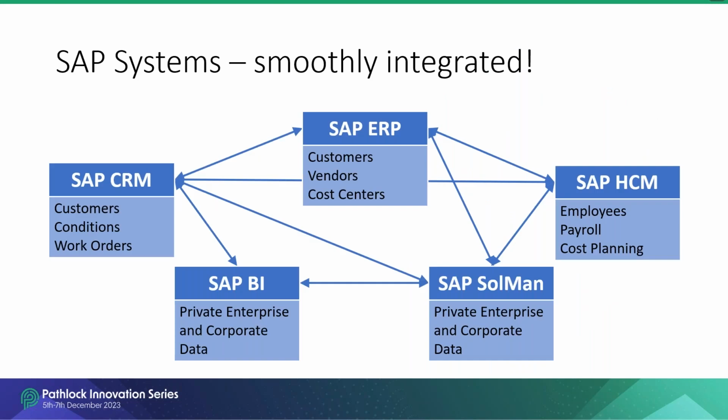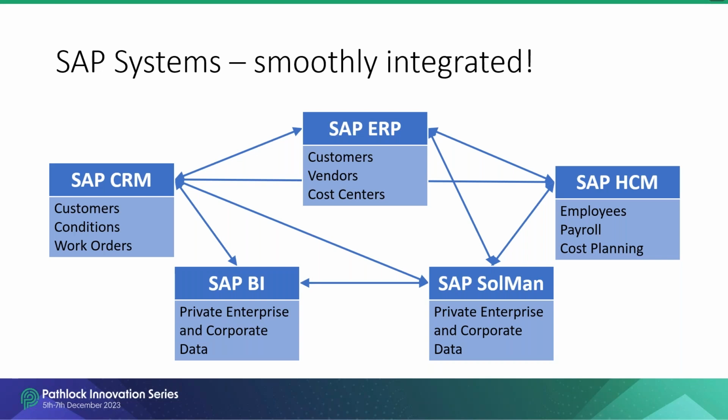On that slide, we see why SAP systems are so interesting for hackers or for people to get on the systems, because you have several different systems, like your ERP system, then maybe your HCM system, your Solution Manager or your BI system, and in each system you have different data stored, and you have your own roles and permissions on each system.